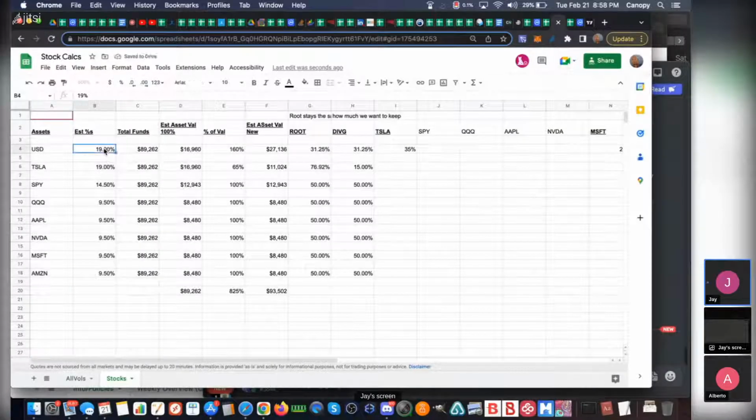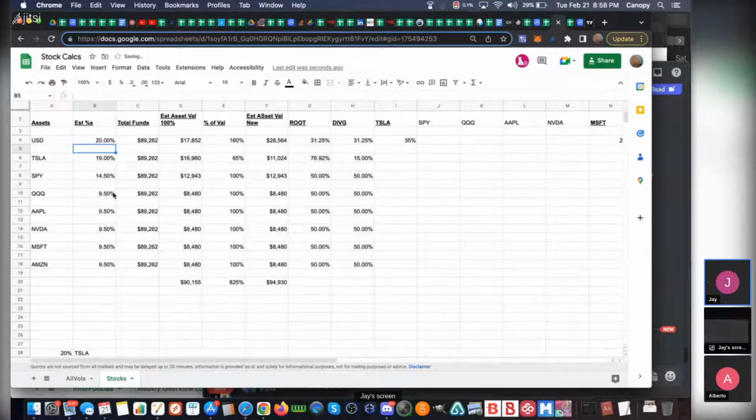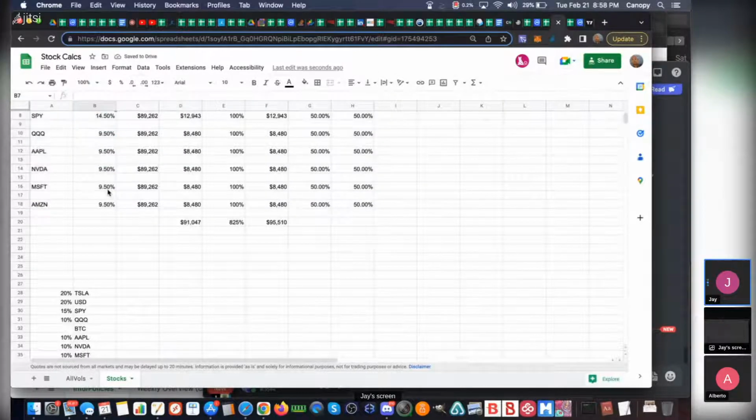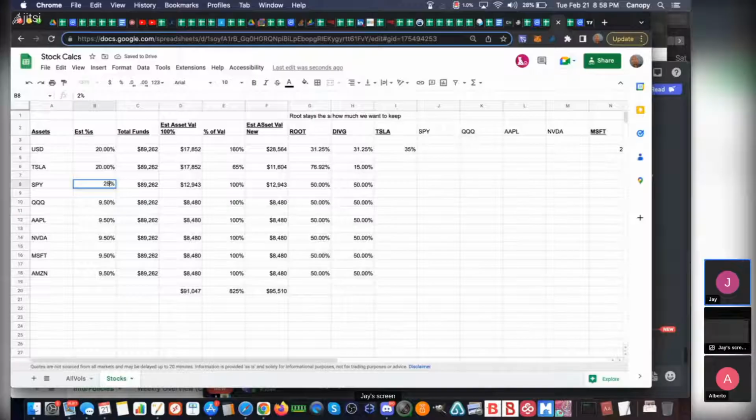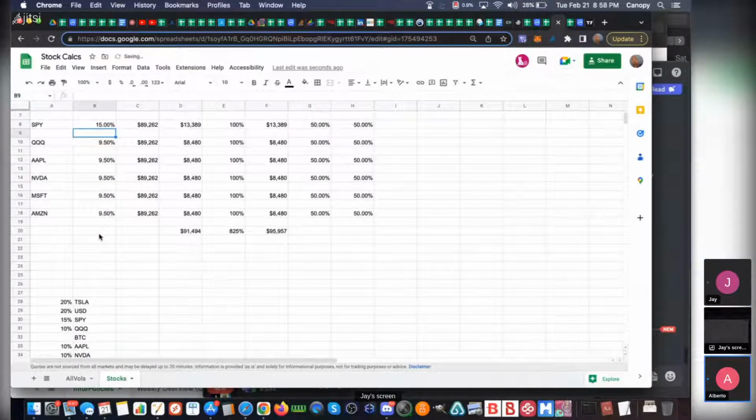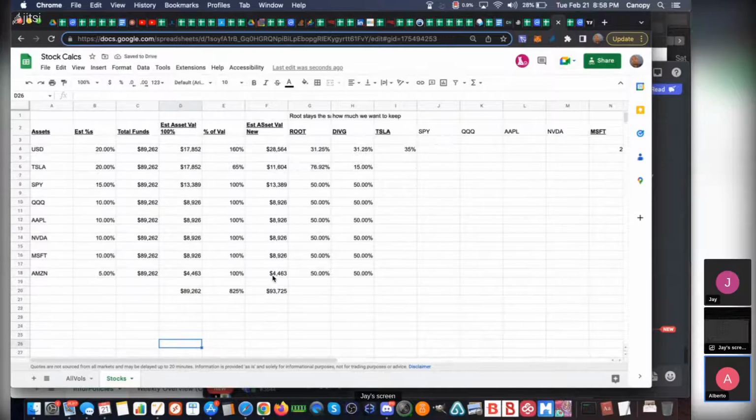So instead of 19, it's going to be 20. No, that was US dollar. All right. So then we've got SPY is 15, US dollar 20, Coupang is 10, Apple 10, NVDA 10, and Microsoft 10, and then Amazon 5. Yeah. Perfect. So then that is done.